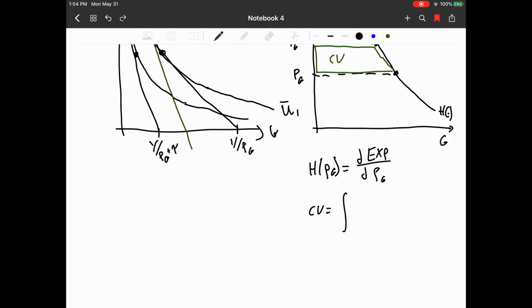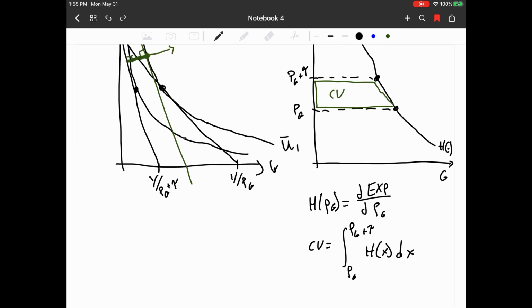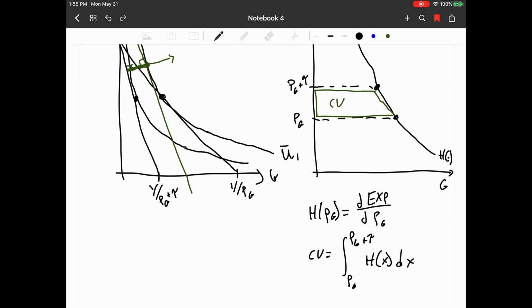equal to the integral from PG to PG plus tau over the Hicksian. So we're just integrating over this interval.